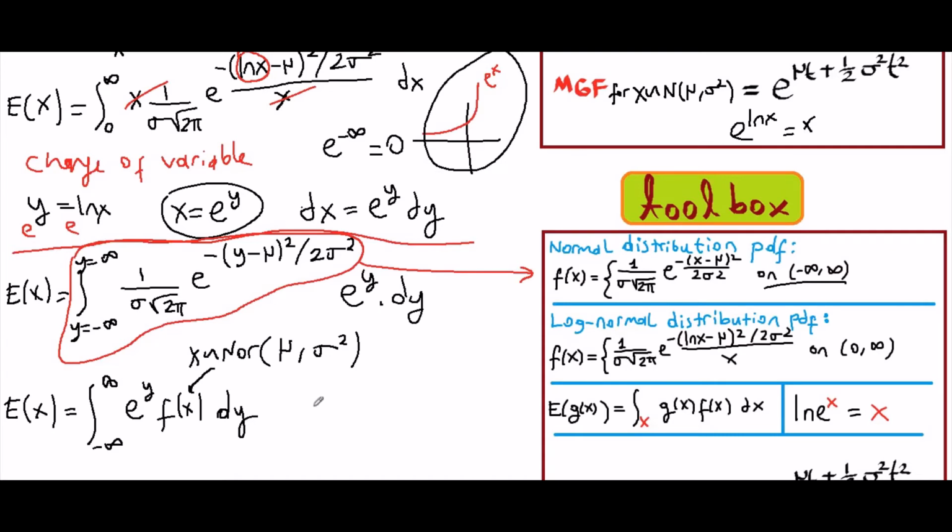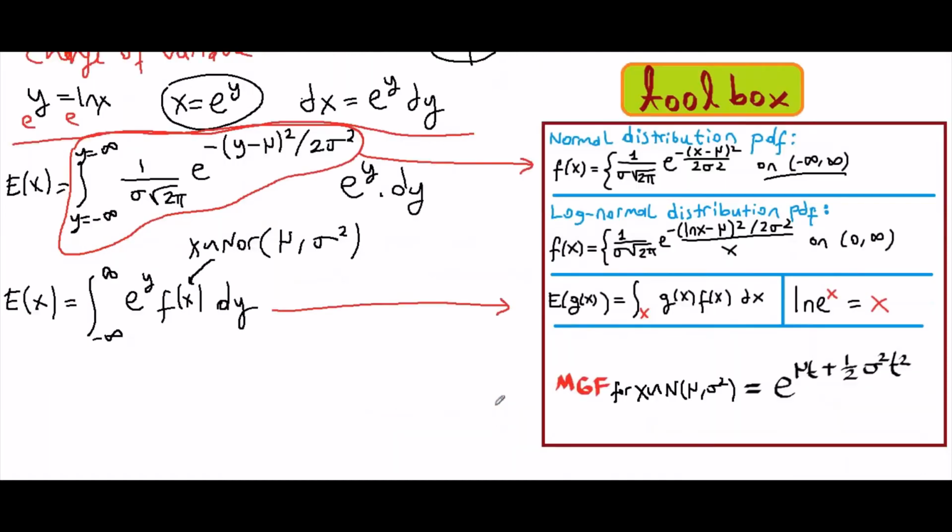Now we're going to use the definition of expectation of a function. If we have a function like g of x times f of x, which is the PDF, that is the expectation of the function. So we can express this whole integral as the expectation of e to the y, which is our g of x.